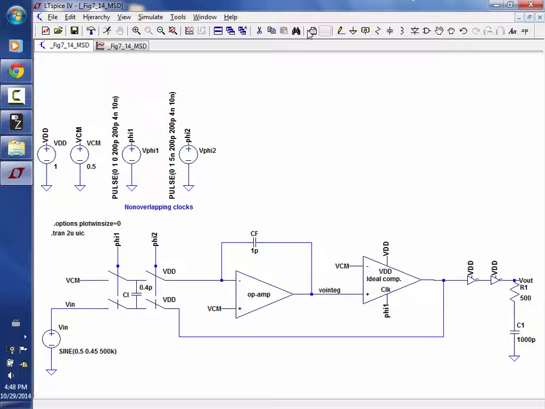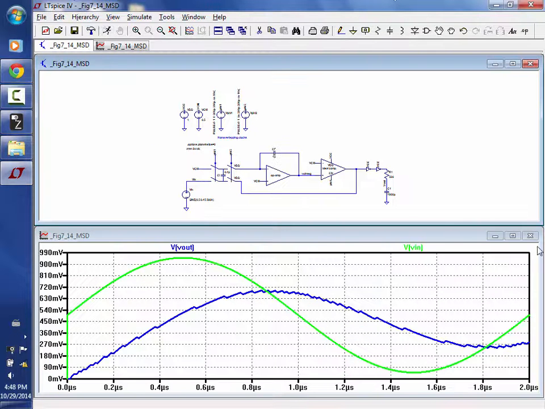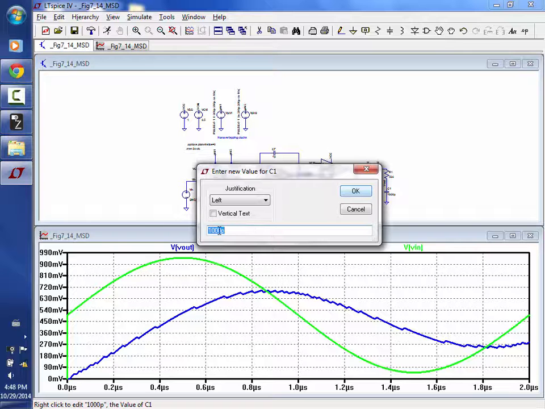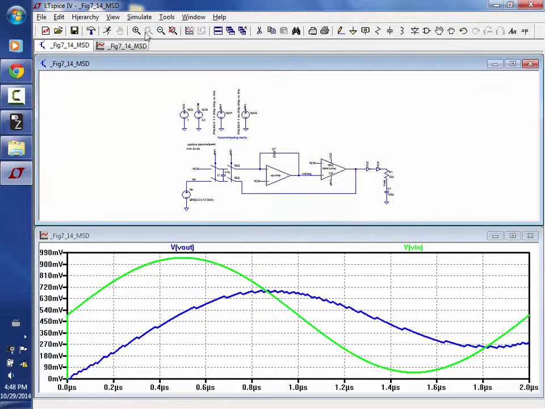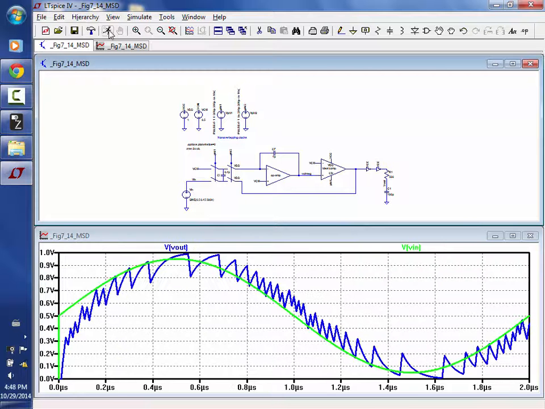And then let's go get the old hand out here. Get the scissors out. Rerun the sim. Let's just see what happens if we use 100. That'll probably be too ripply, right? Good enough. Everybody would agree? Because I just want to see what happens if there's an effect on the output waveform.